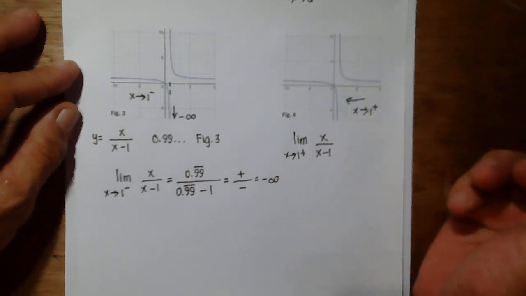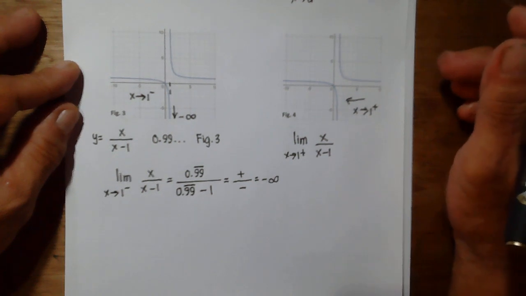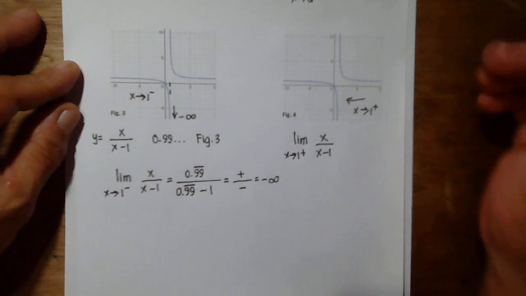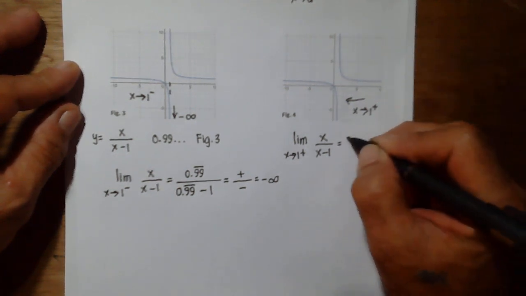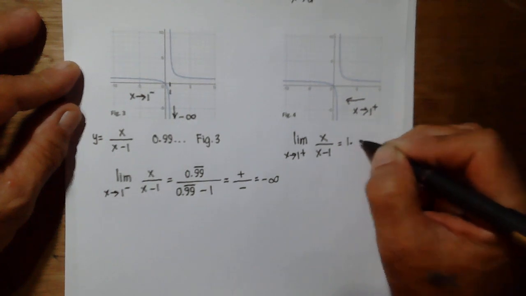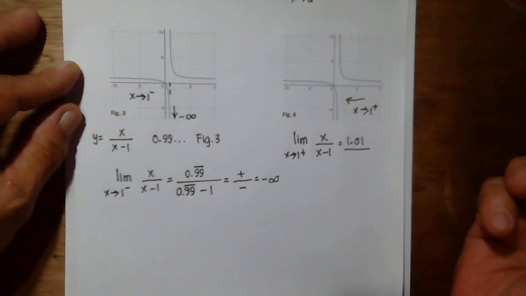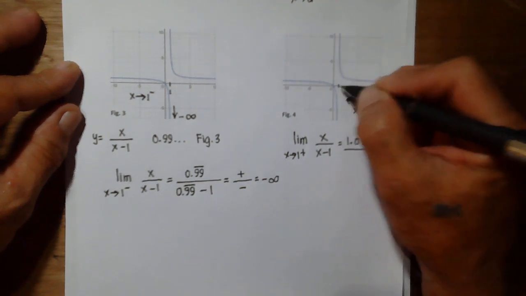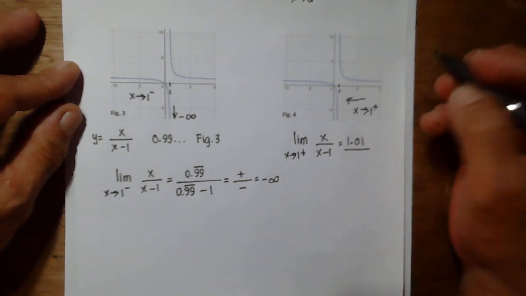Okay, so the closest number we can assign to x as it approaches 1 from the positive side could be 1.01. Okay, so here is 1 again, and x is coming from the right side.